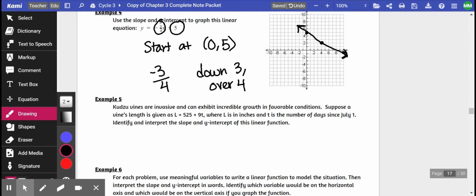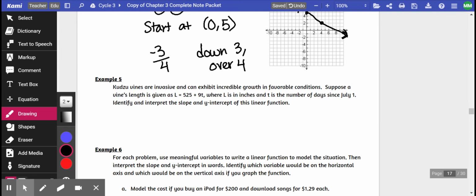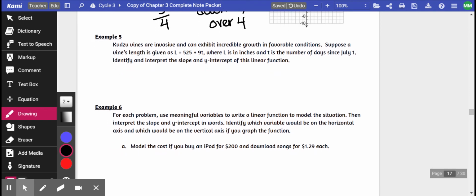Okay. For example 5, it says kudzu vines are invasive and can exhibit incredible growth in favorable conditions. Suppose a vine's length is given as L equals 525 plus 9t. L is going to be inches, and t is going to be the number of days since July 1st.